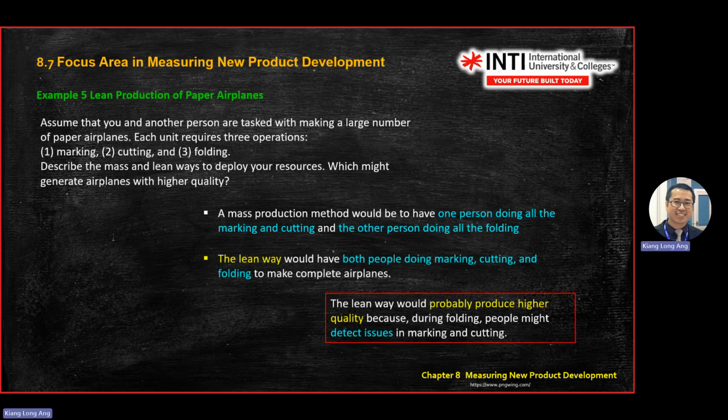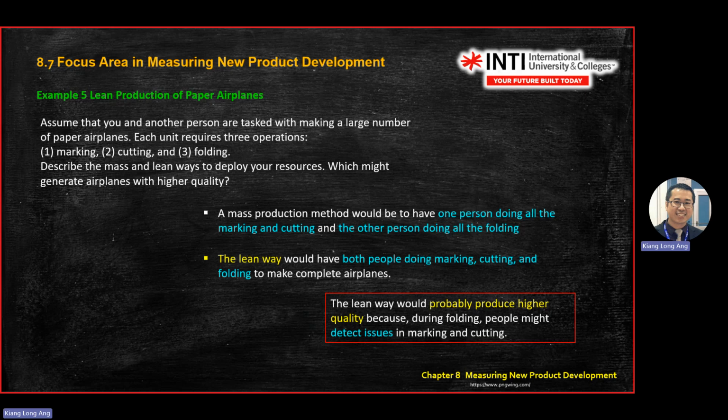Okay. So the mass production method has one person doing all the marking and cutting, and another person doing folding. This is the typical method, right? You have three processes: marking, cutting, and folding. Maybe one approach is one person does marking and cutting in one process, then another person does folding. The lean way would have both people do marking, cutting, and folding to make complete airplanes.